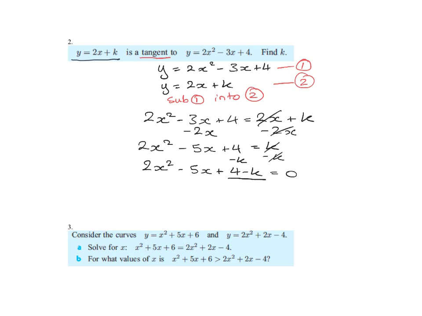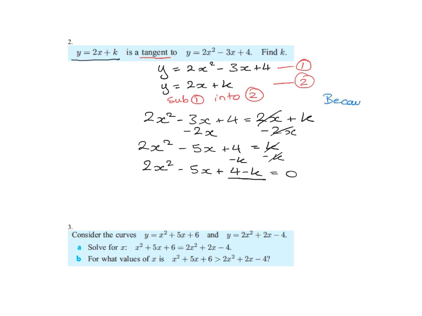Now, I want to find k. Notice they haven't told me to find the point of intersection, so I don't need to try to solve this for x. I just need to use the fact that it only has one solution, or one point of intersection. So, girls, the idea is, so let's write this down.